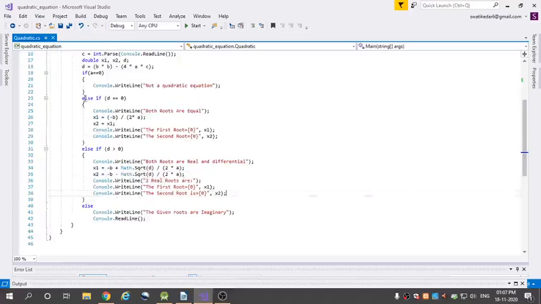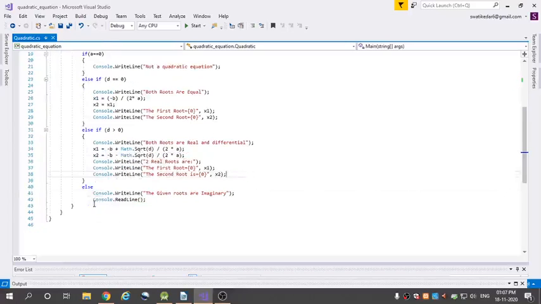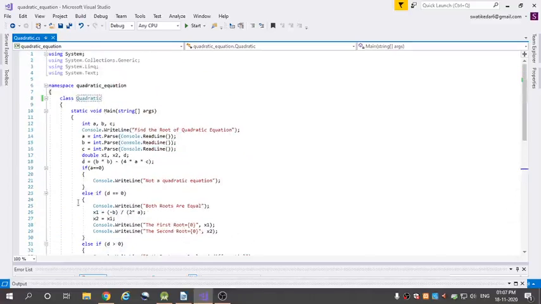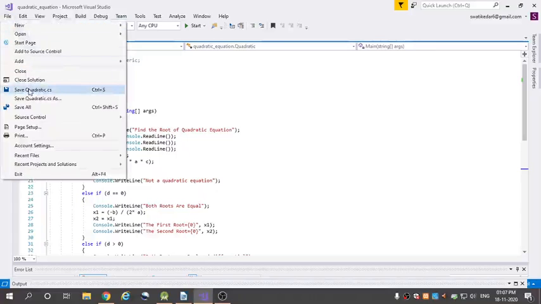If all these conditions are false then it executes this else part, it prints on the console "the given roots are imaginary". After that you have to close all the brackets and save the program.